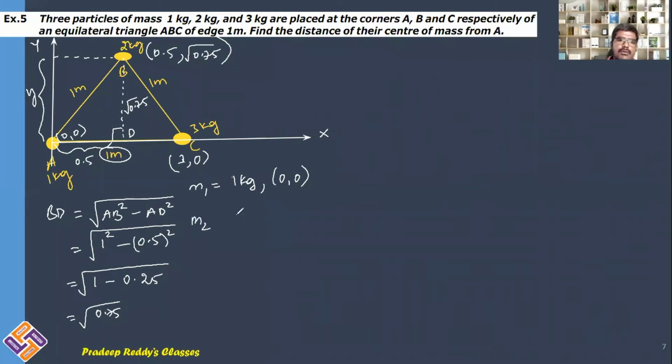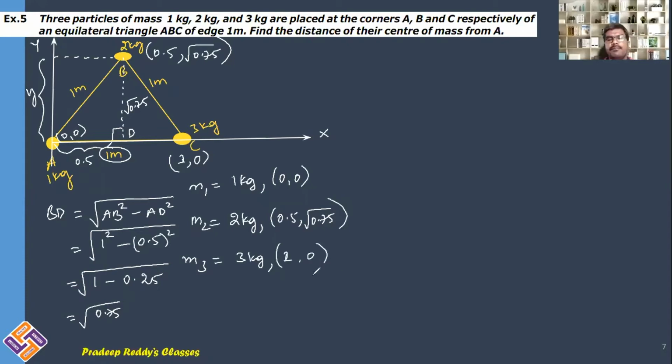M2 is equal to 2 kg, and its coordinates are 0.5, under root 0.75. And M3 is equal to 3 kg, and its coordinates are 1, 0. Right? These are the coordinates.